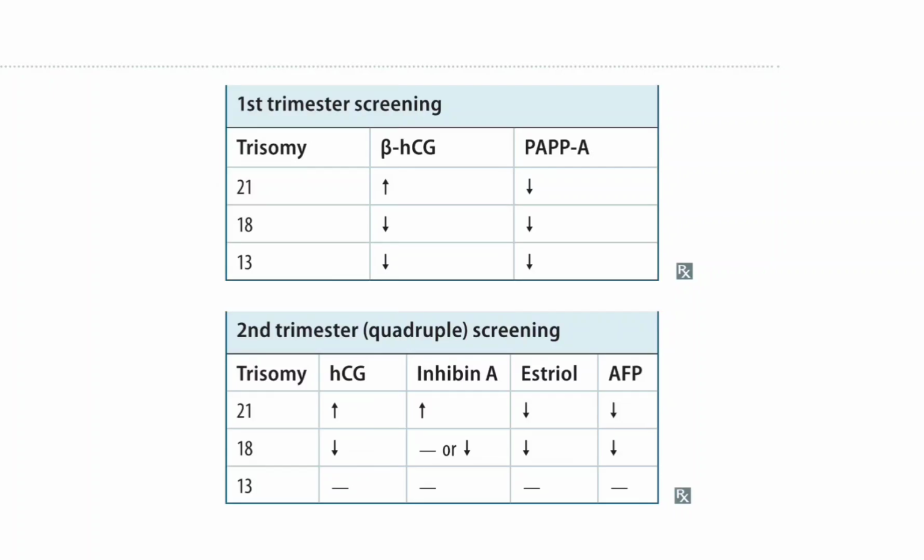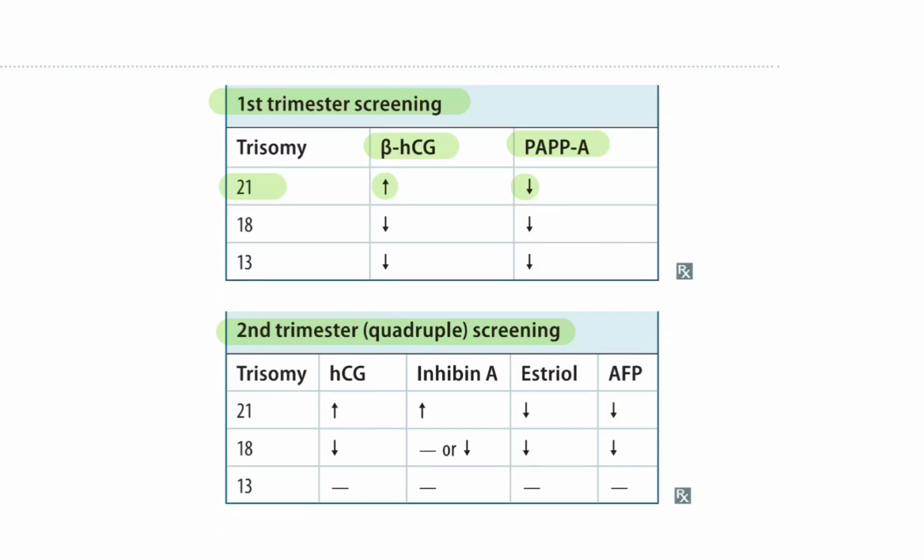Now we will discuss the first trimester screening and second trimester or quadruple screening. In first trimester screening, we test beta hCG and PAPP-A. If the level of beta hCG is increased and PAPP-A is decreased, we can assume there may be a chromosomal problem like trisomy 21 or Down syndrome.